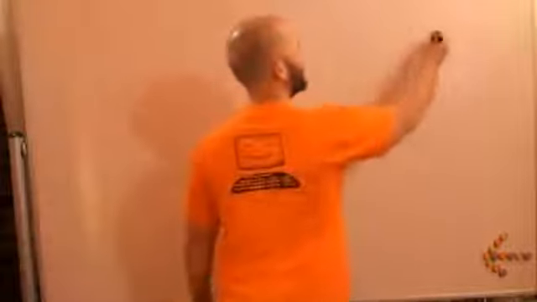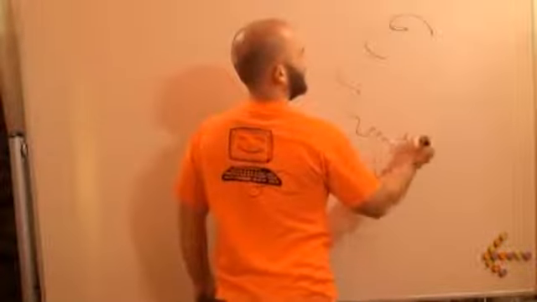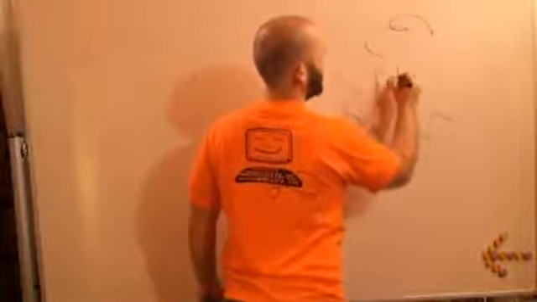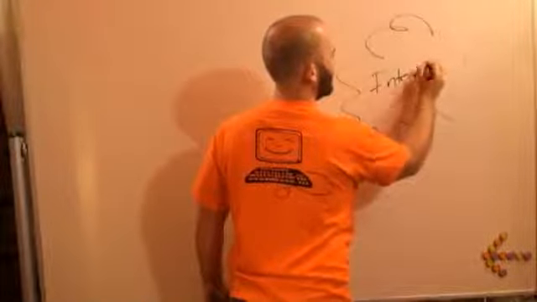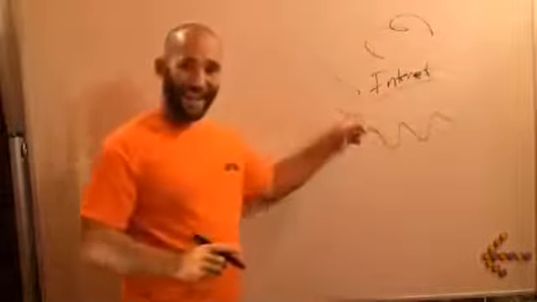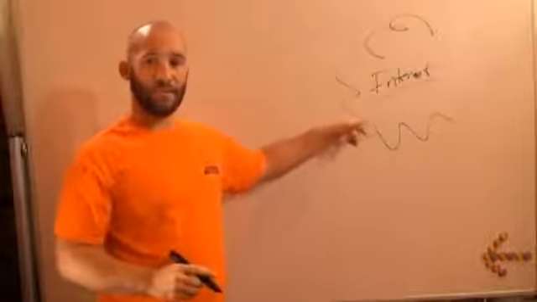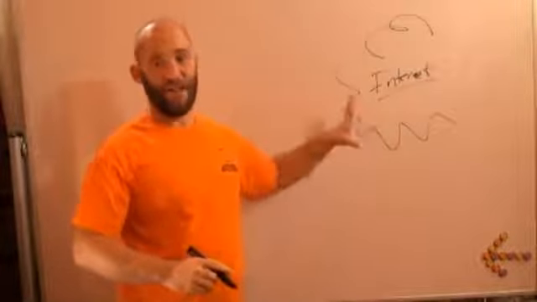Now the first thing that I'm going to talk about is I'm going to show you a basic diagram of how your network connects together and where the different components fit in. So the first thing that we need to talk about is the internet cloud. The internet cloud, for all intents and purposes, is the internet.